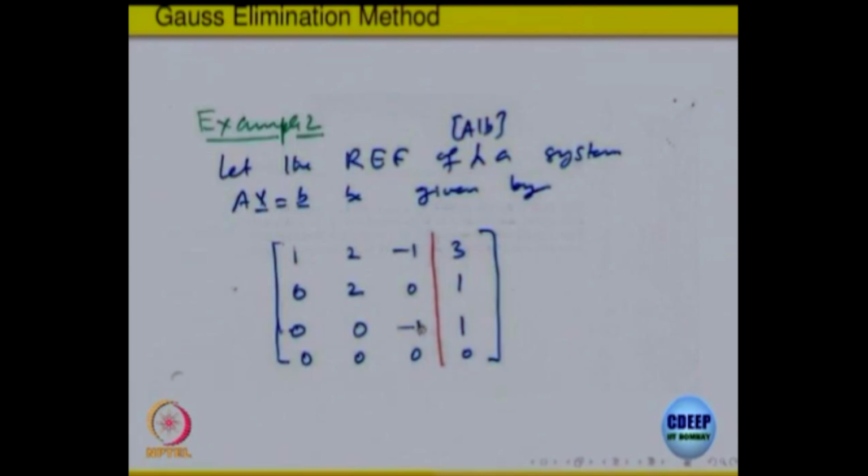That means everything will be determined uniquely. So, R equal to n means unique solution. If R is less than n, then n minus R variables get independent arbitrary values, and then infinite solutions come.